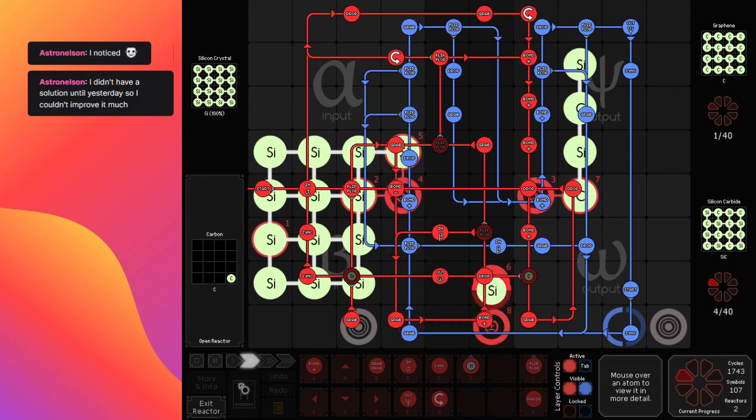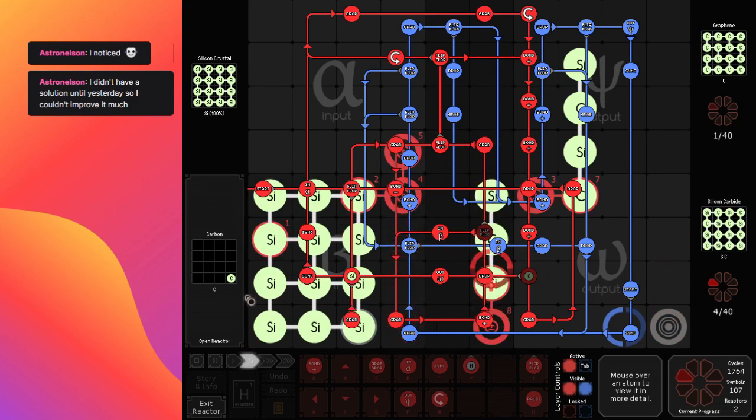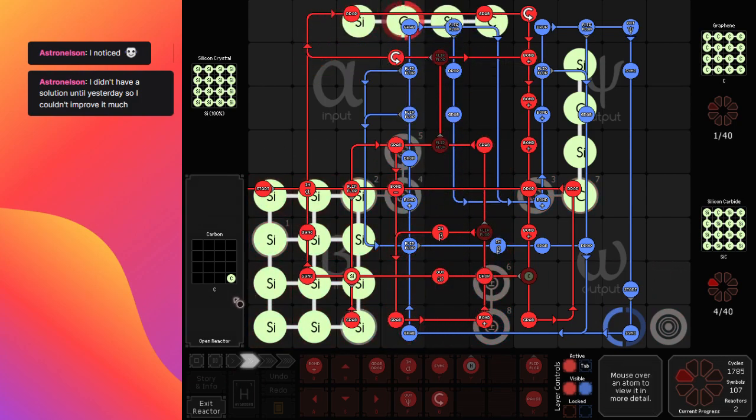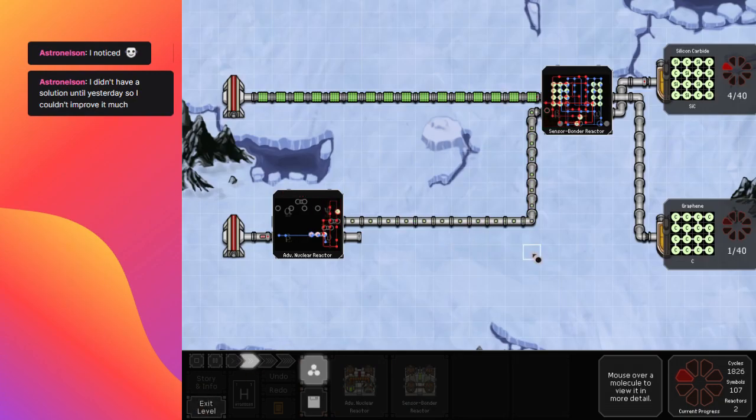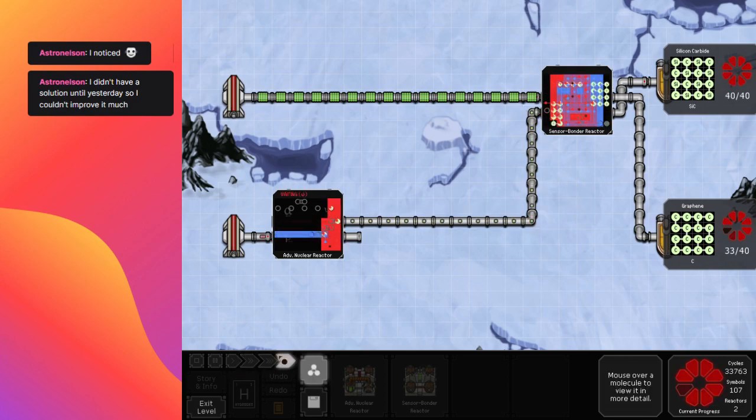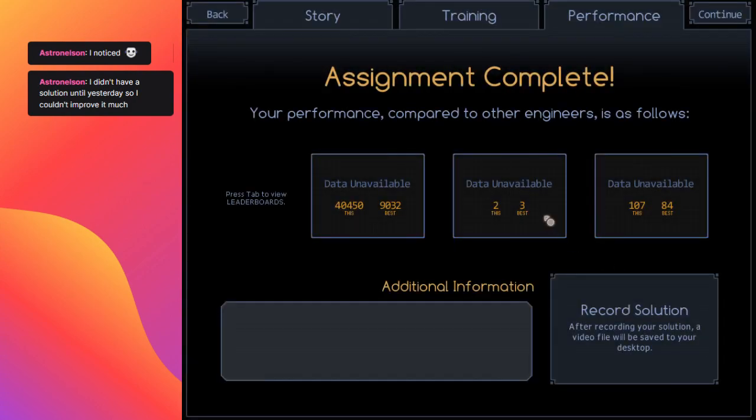So blue does all the graphene building, red does all of the silicon carbide building. All of this in one reactor is very nice, but unfortunately it is a lot of symbols. Runs decently fast though. For 40,000 cycles. Decently fast for a 2-reactor solution.